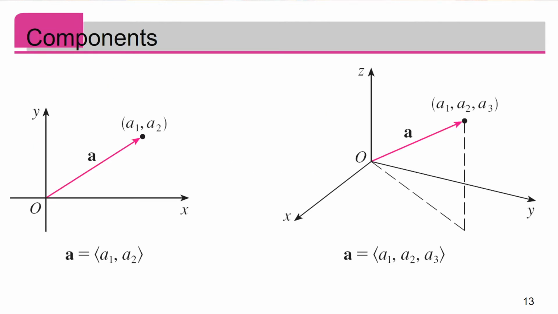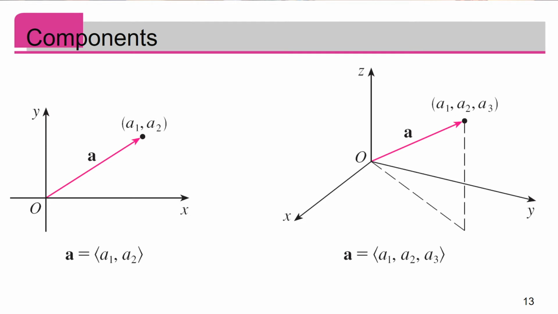We're going to be breaking our vectors down into components that will correspond with your xy and xyz coordinate systems. When we talk about a component of a vector, what we mean is, if we were to stick the initial point of the vector at the origin, where would the terminal point be?